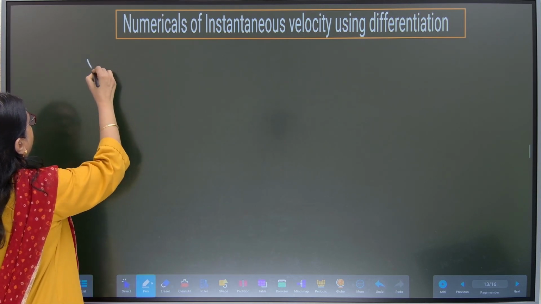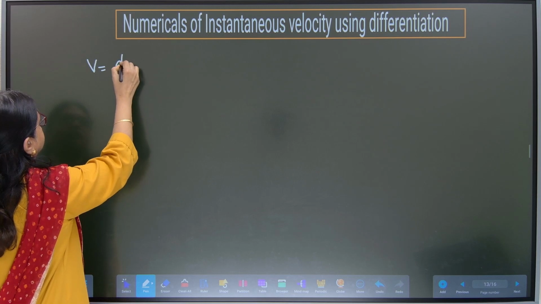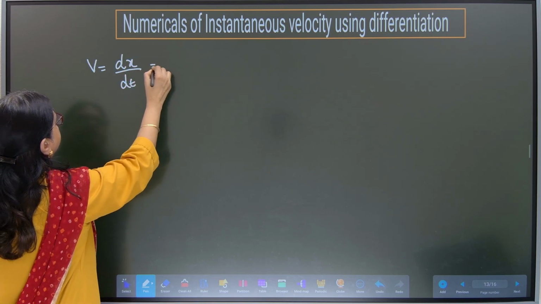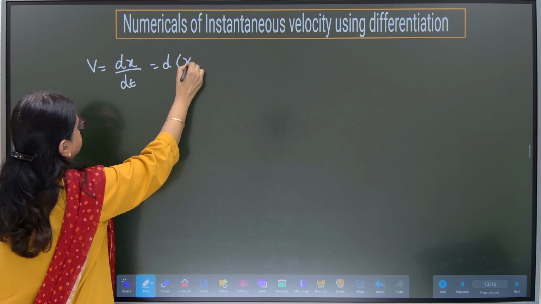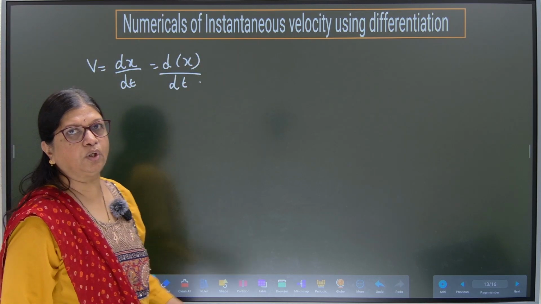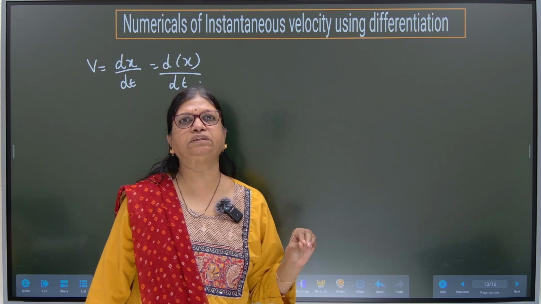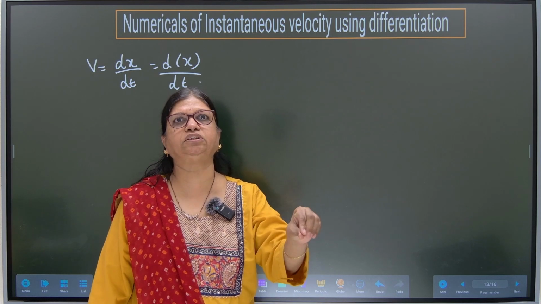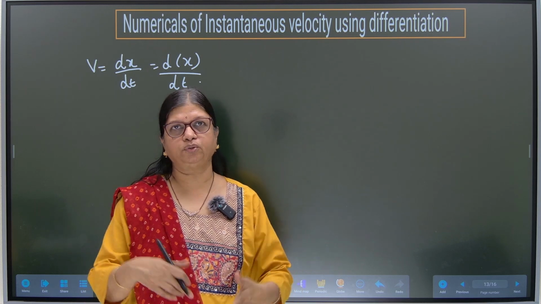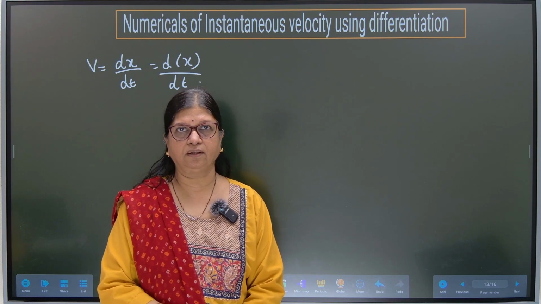Because the formula of instantaneous velocity itself is dx by dt, which is differentiation of x with respect to time. So, the formula of instantaneous velocity is you have to differentiate displacement with respect to time. So, you should know what is differentiation, right?